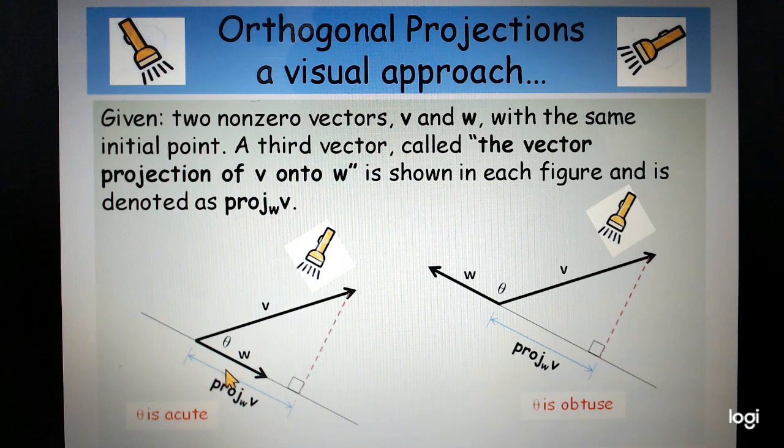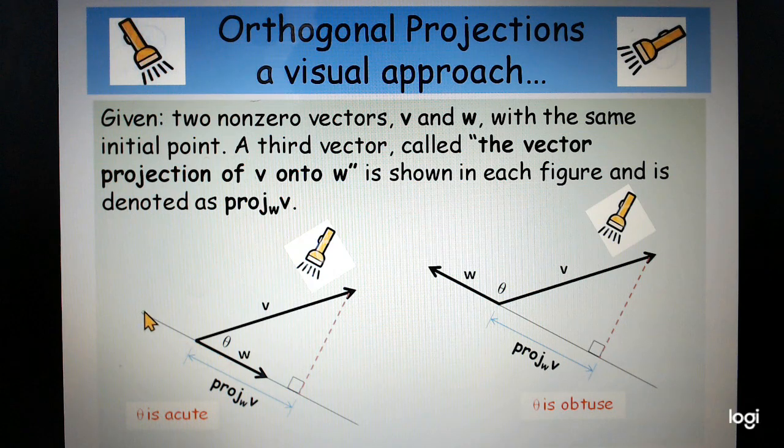So if you take a look at this diagram here, here's your flashlight, and what happens is a shadow is forming on this line, and this line is the line which vector w lies on. So vector w is not the entire line or not the entire array.